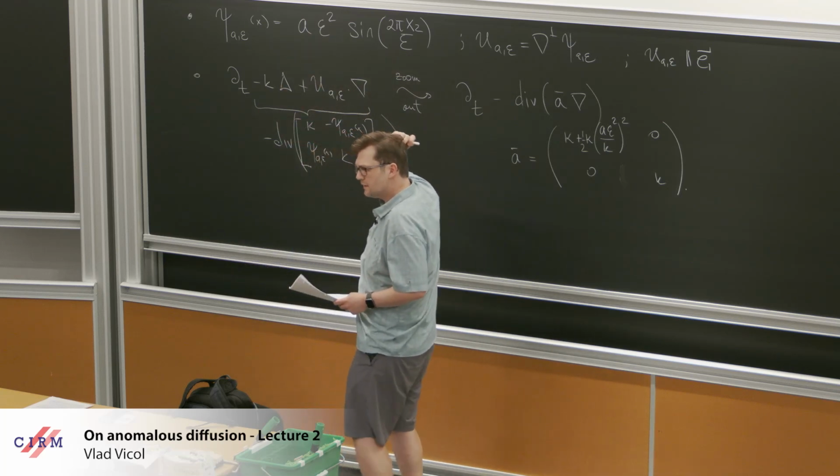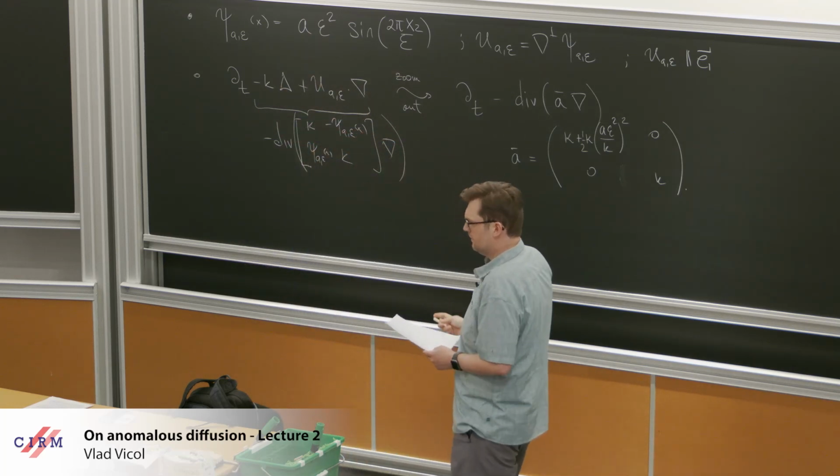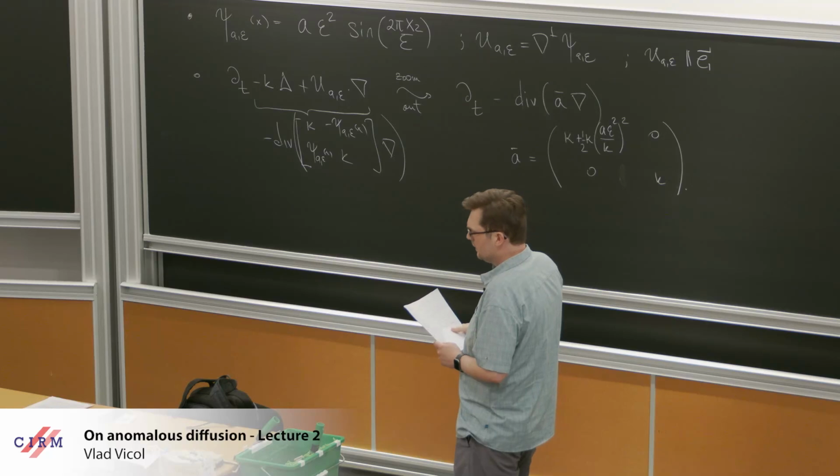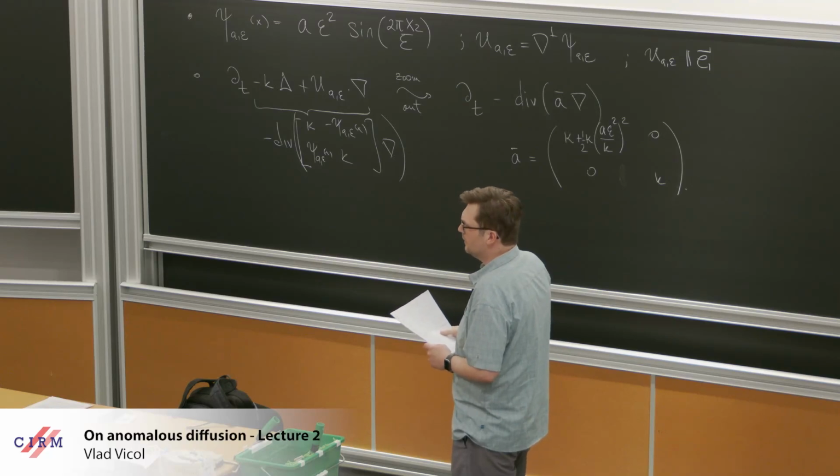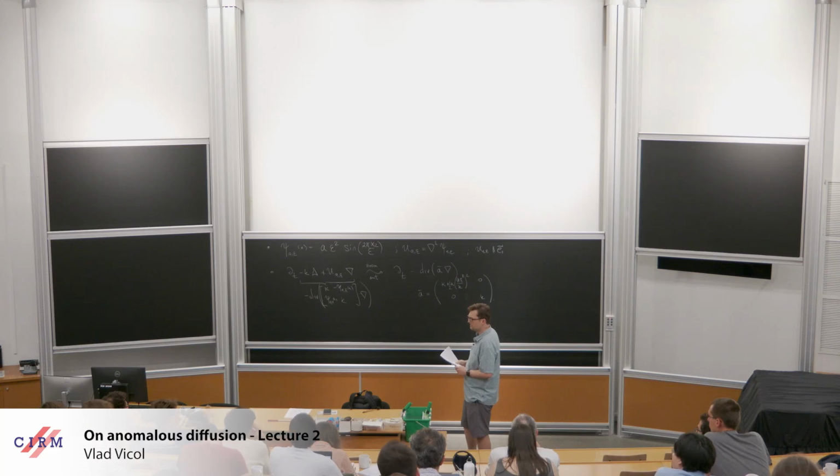But the first example of Scott was of amplitude 1. So now the velocity field has much smaller amplitude, but oscillatory crazy. How come it will lead to an enhancement of the diffusivity, which is a priori a bit surprising?